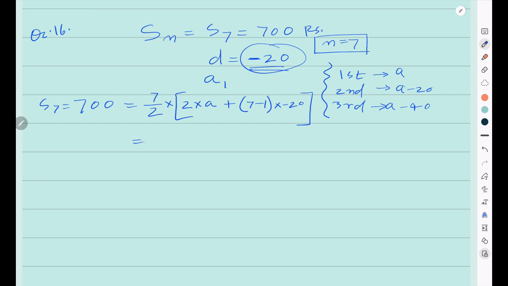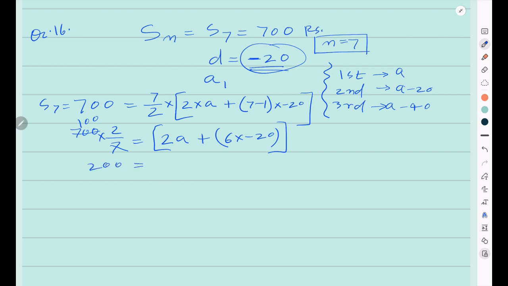So we can just simplify. 7 by 2 goes to the other side and becomes 2 by 7, which in turn will give us around 200. And then here it's 2 times A plus 6 into minus 20, isn't it?